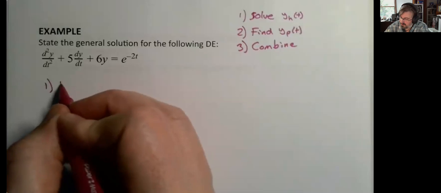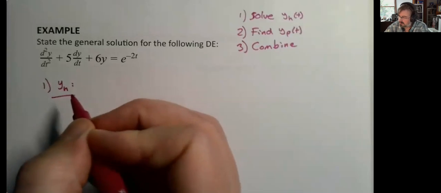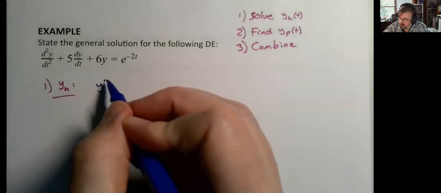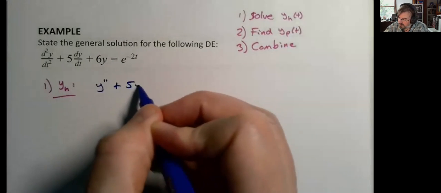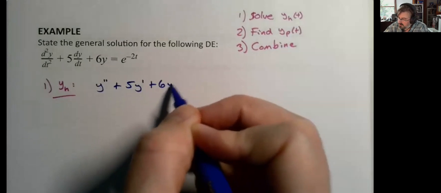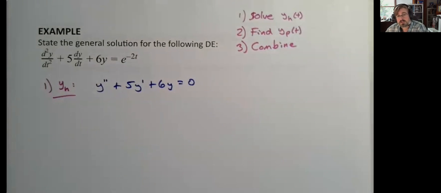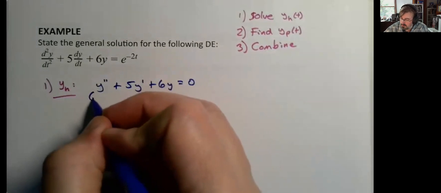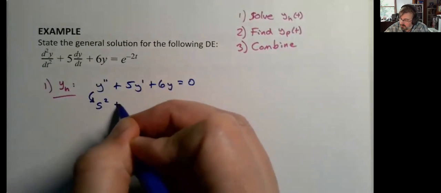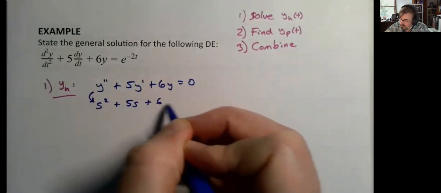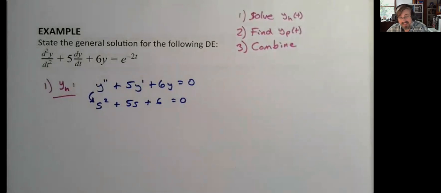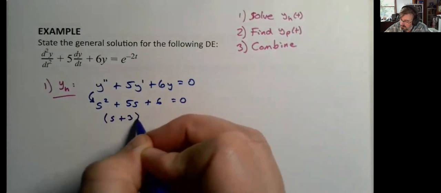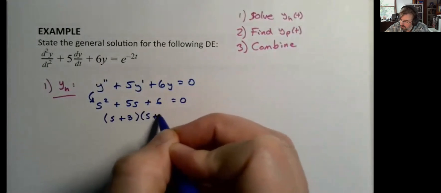So first step is I've got to find that y sub h, which really means I'm going to be solving this equation, y double prime plus 5y prime plus 6y equals 0. This gives us a characteristic polynomial of s squared plus 5s plus 6 equals 0. And that thing does factor. It factors as s plus 3 times s plus 2.